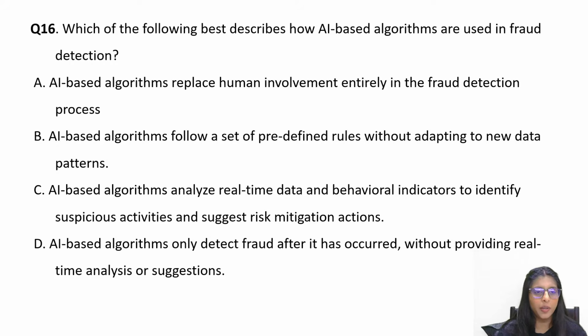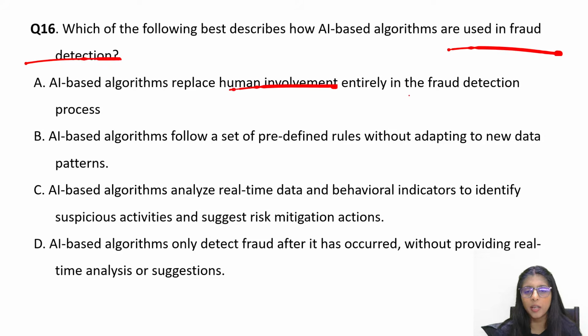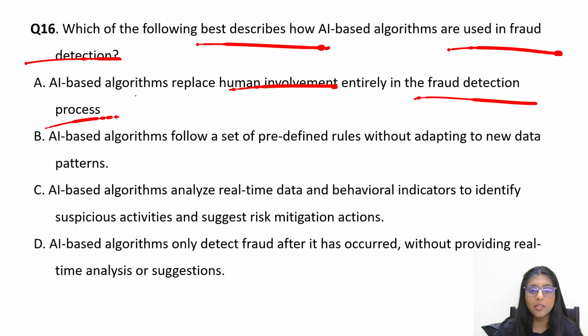Which of the following best describes how AI-based algorithms are used in fraud detection? AI-based algorithms replace human involvement entirely in the fraud detection process. AI-based algorithms follow a set of predefined rules without adapting to new data patterns.